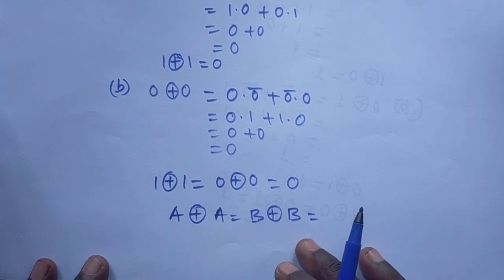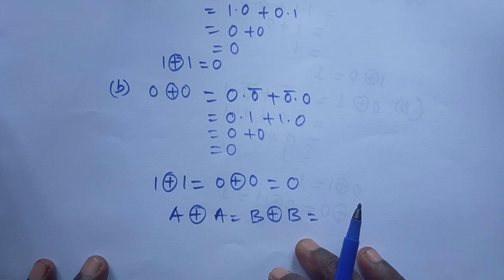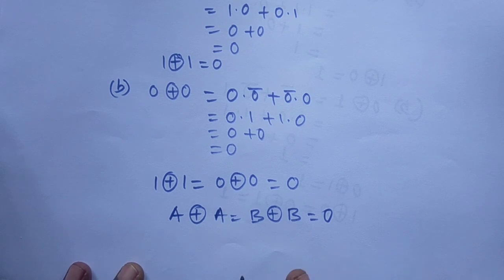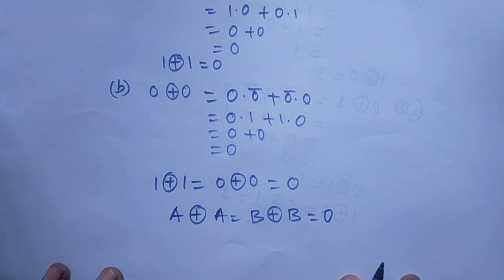That means if it is the same, then what happens? If it is the same, it must be 0. We conclude that. If it is the same, it must be 0, whatever the values of any inputs. If there is any other, opposite value, then it will be 1. This is the basic concept.